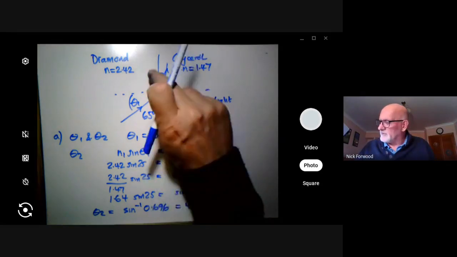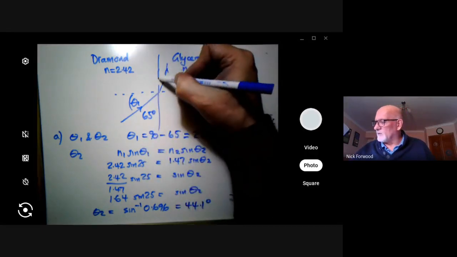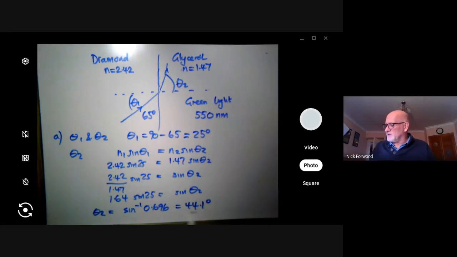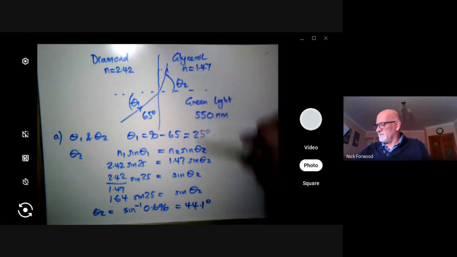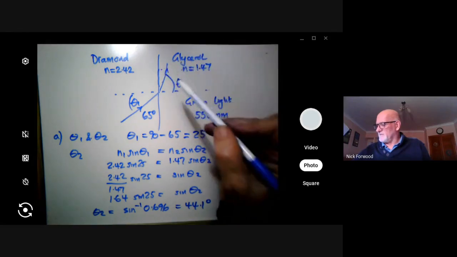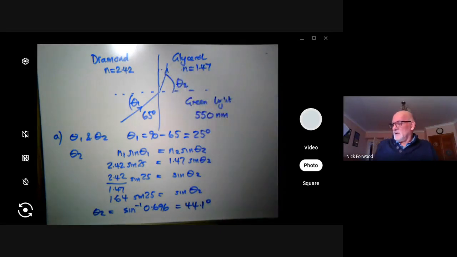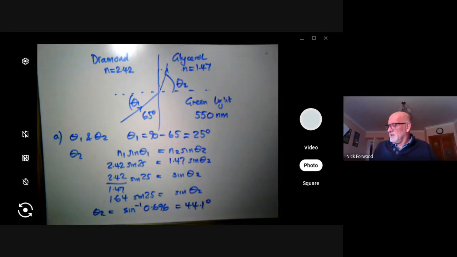That is not theta 2 there. That is some angle, but of course this is theta 2, and theta 2 is 44.1. If we were asked to work out that angle, you'd take 44.1 away. So forget that I drew theta 2 on there, because theta 2, which is the angle measured from the ray of light to the normal, is 44.1.